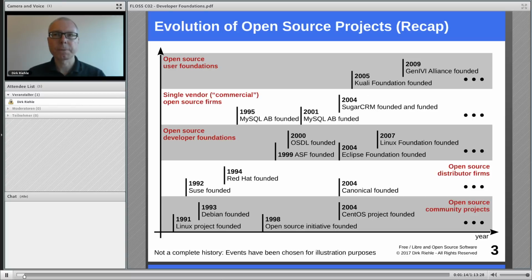while doing so. The topic today, open source developer foundations, is one of the older ones, one of the original ones which led to the establishment of new legal entities, juristic persons here.